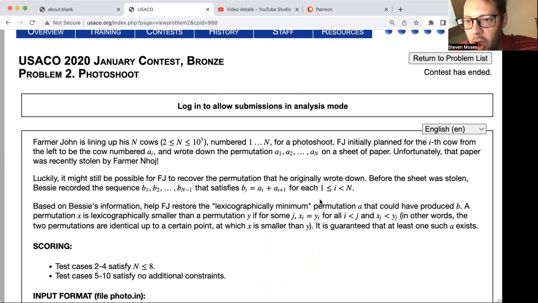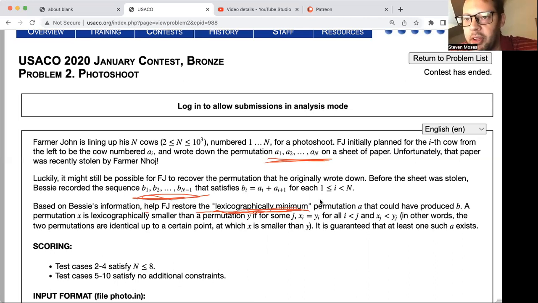Okay, so we want to try and find Farmer John's sequence A based on Bessie's sequence B. Based on Bessie's information, help Farmer John restore the lexicographically minimum, basically earliest, smallest, permutation. If you were to alphabetize or treat it like a number, the lexicographically minimum would be the smallest number.